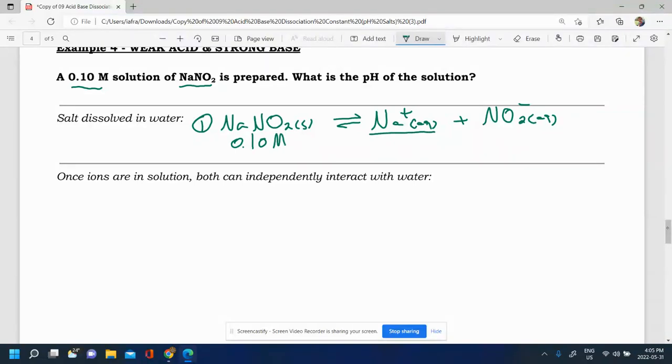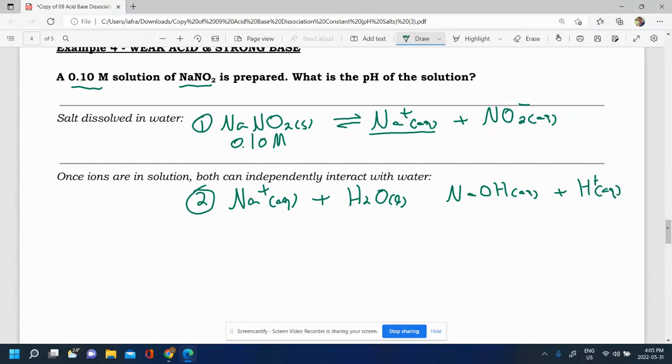Let's test out the Na plus first because we've done that one before. By experience, it should be pretty straightforward. We're going to put Na plus in water, and it could undergo hydrolysis, maybe. Let's see. If it does, the Na plus will go with the OH because the OH is minus and the Na plus is positive, and then that'll result in some H plus forming.